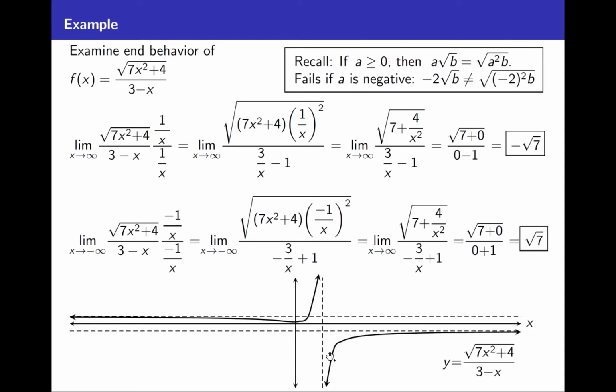I took a graphing utility and graphed our function f of x, and notice that as x goes to positive infinity, f of x is getting closer and closer to this horizontal line, which would be at negative square root of 7. As x goes to negative infinity, f of x gets closer and closer to this above dotted line, which would be the horizontal asymptote right here at y equals positive square root of 7.